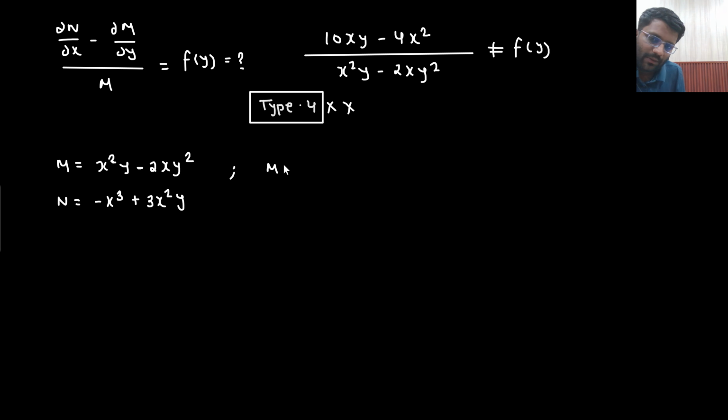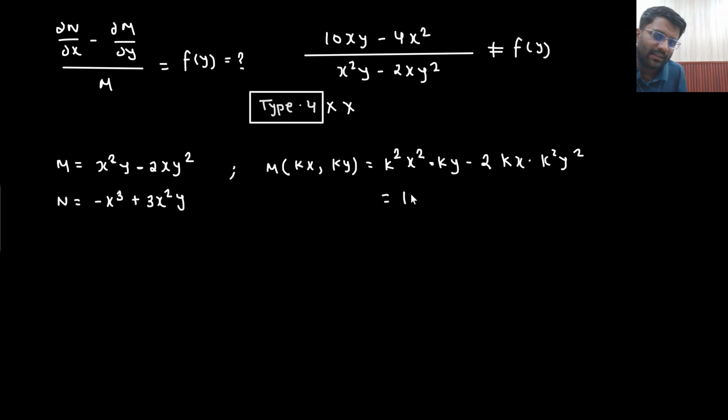In M, in place of x I will put kx, in place of y I will put ky. So what will you get? k square x square, dot ky, minus 2, in place of x kx, k square y square.